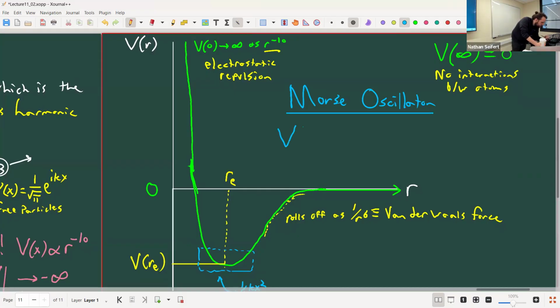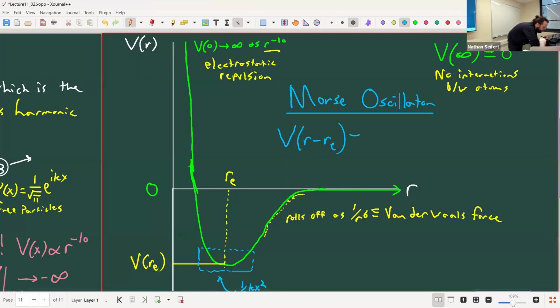And the potential is written as V of r minus r sub e. Again, this is a function V that takes in the argument r minus r_e. So think of V of x. It's not V times r minus r_e.